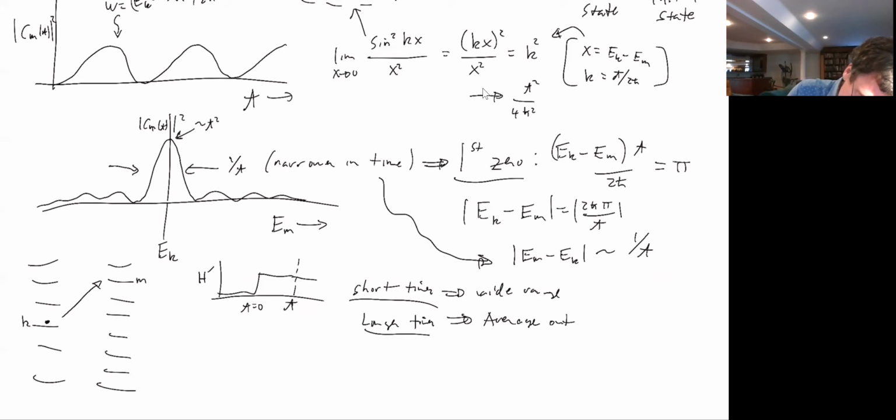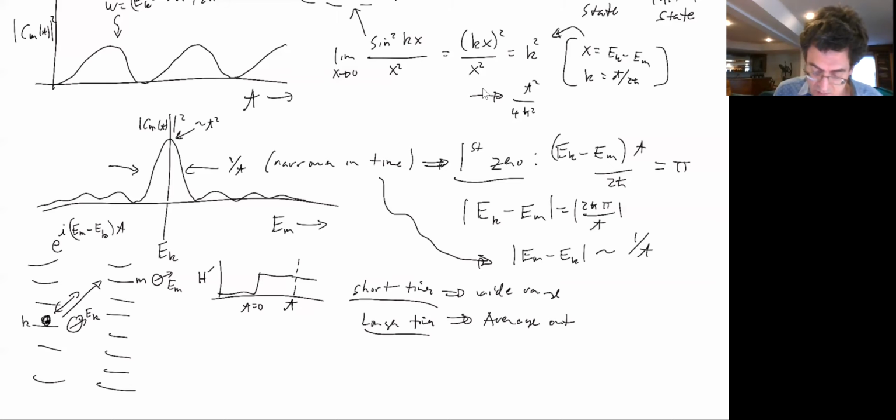Because the thing is that this guy has a phasor that's rotating with the energy ek, and this guy has a phasor that's rotating with the energy em, and so there's going to be the amplitude that's being sprayed back and forth. That green goo analogy I was making, when you have the amplitude going in each direction, there's going to be this phase factor e to the i em minus ek times t, because both phase factors get multiplied.